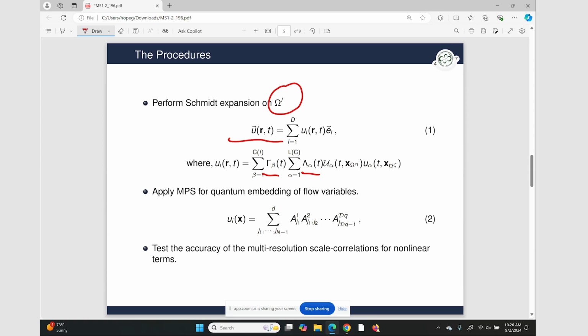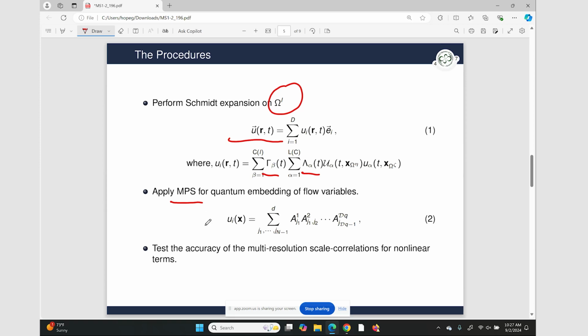So we perform the Schmidt expansion on a composite grid. Then we apply MPS for quantum embedding of flow variables. Once you have this MPS, we can linearly combine unitaries to get the nonlinear quantum processing unit.